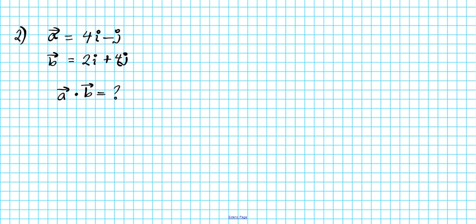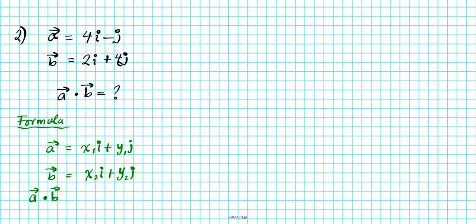Let's write down the formula for the dot product of vectors in linear combination form. So if you have a vector A given as x1i plus y1j, and vector B in linear combination form, also x2i plus y2j, you can easily assume what the dot product is going to be.